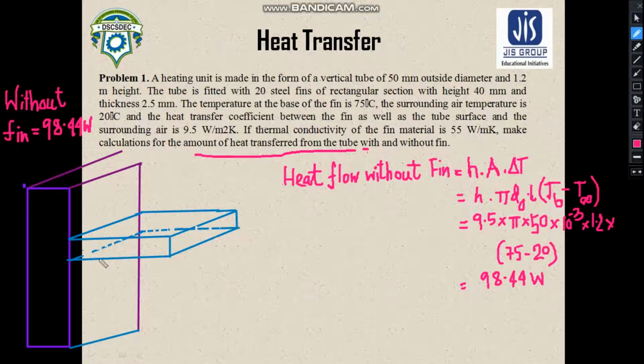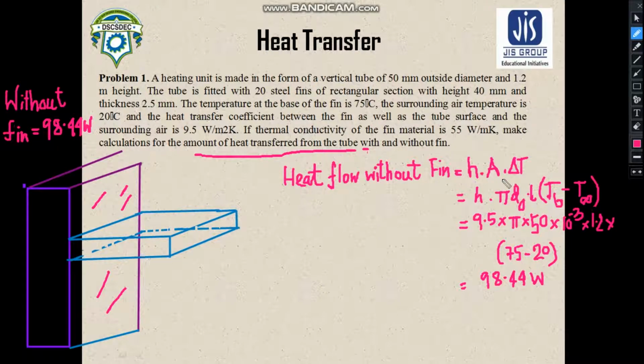So if there was no fin present here, then this total area would have been your heat transfer area, and there would have been convection taking place between this outer surface area and the surroundings, which is kept at 20 degrees Celsius. So we follow the simple rule of convection.